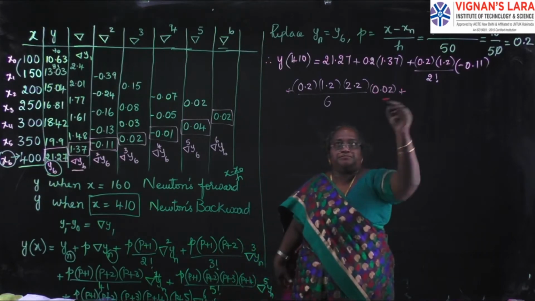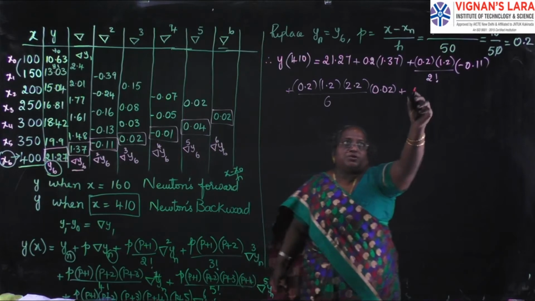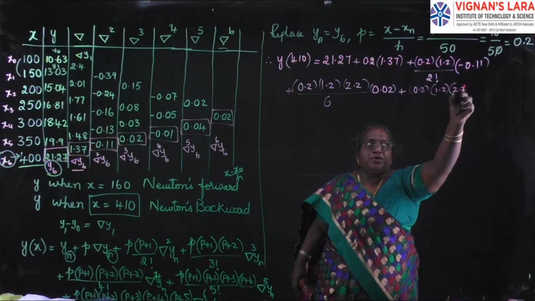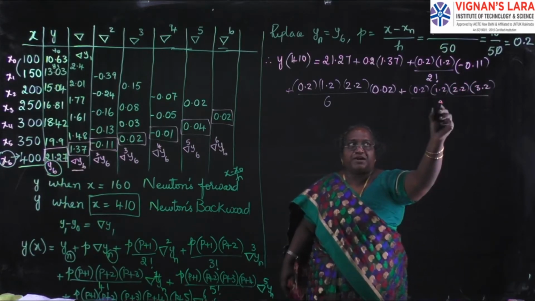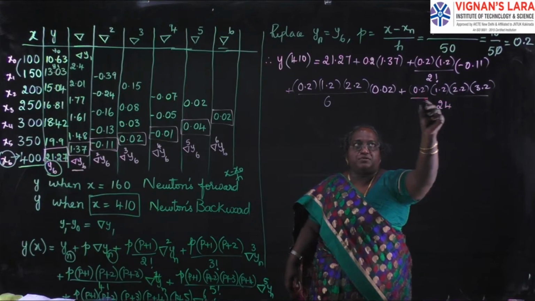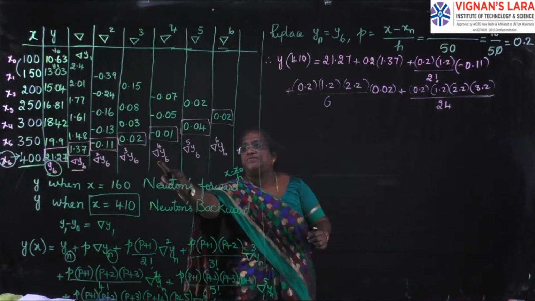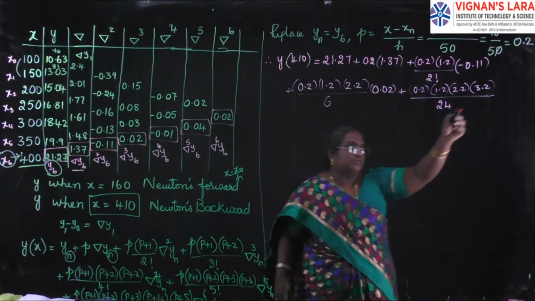Plus again substituting in this, 0.2 into 1.2 into 2.2 into 3.2 by, this time 4 factorial is 24, into the fourth backward difference of y6, which is minus 0.01.